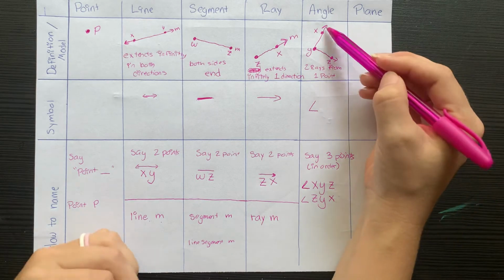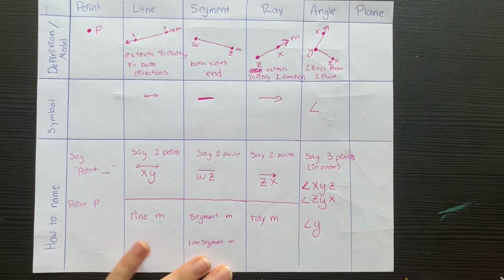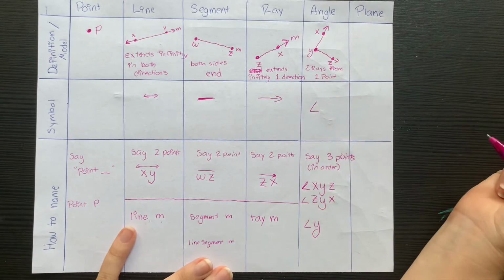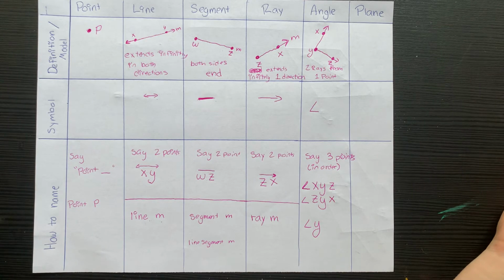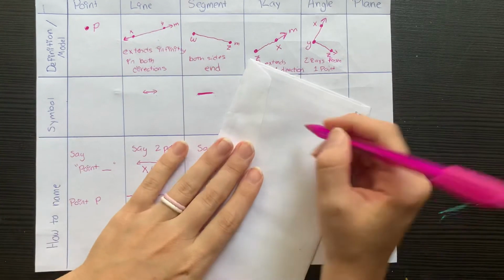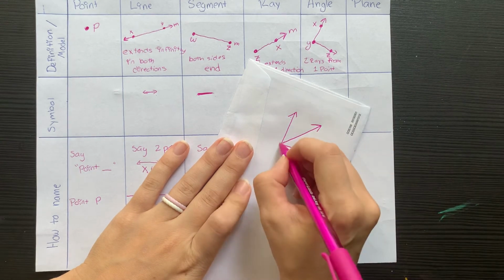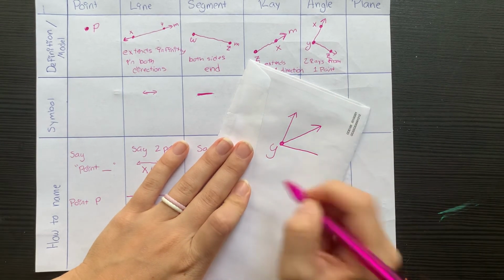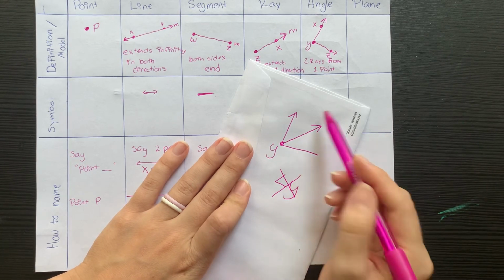Sometimes, if you just have one angle like this, you can also just call this angle Y. And you don't have to use those. The only thing with that is if you have something like this, where there's two angles, you would not be allowed to do angle Y for that, because we wouldn't know: is it the whole thing?